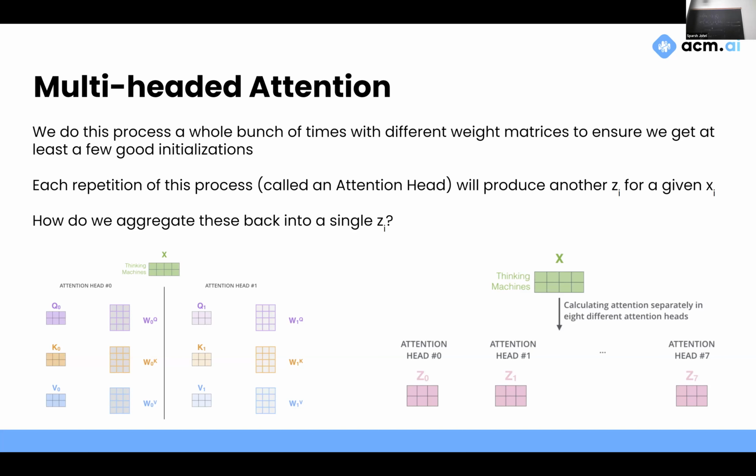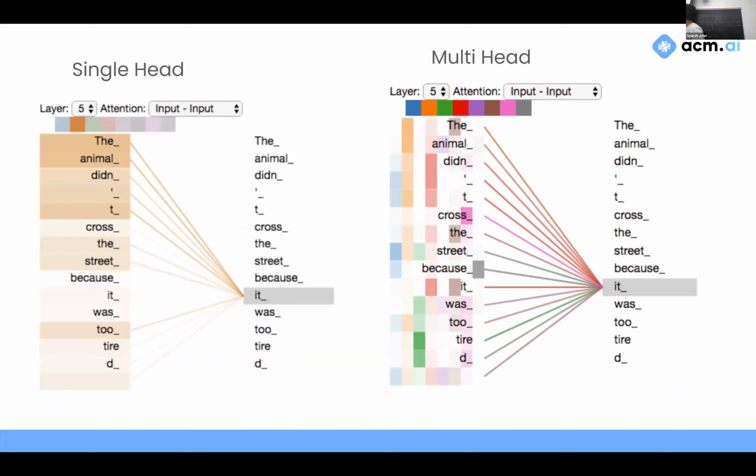We can do that same process from before with these new sets of query, key, and value matrices to get an encoding hidden state for thinking machines. This encoding is different from this encoding because each head corresponds to two separate sets of query, key, and value matrices. And the intuition of what it is doing is that each head is learning a different relationship.